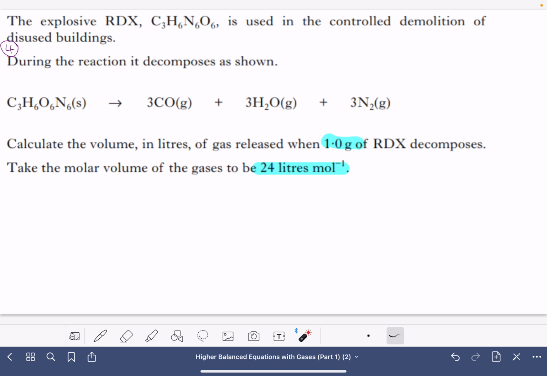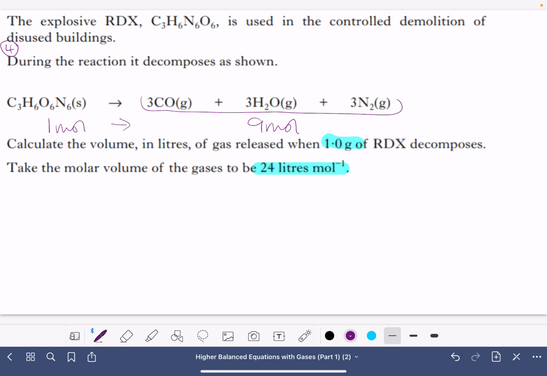So a mole of carbon monoxide is going to occupy the same space as a mole of water vapour, which is going to occupy the same space as a mole of nitrogen. So we can actually just say that 1 mole of the RDX is going to give us 9 moles of gas in total.